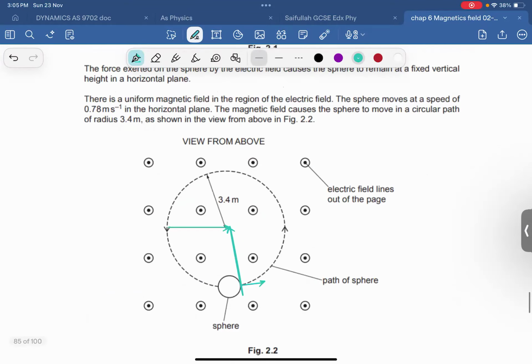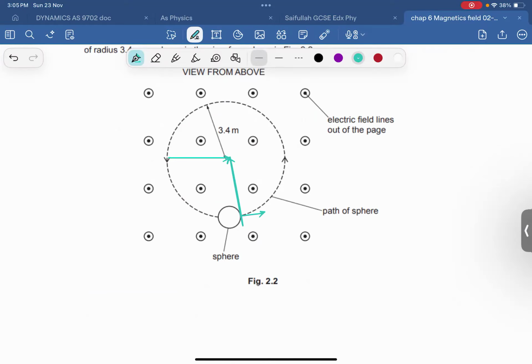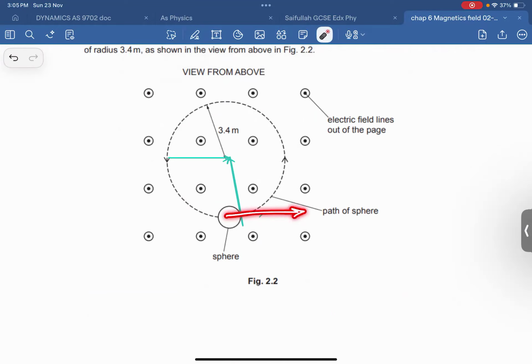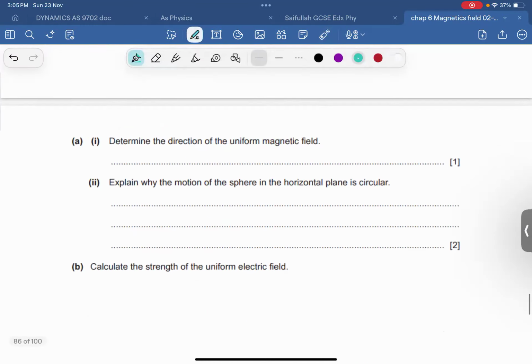If you apply Fleming's left hand rule, your second finger is in this direction and your thumb would be in that direction. So your first finger, the field, would be into the plane, right? Into the plane.